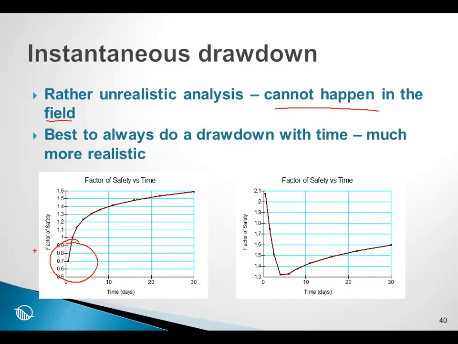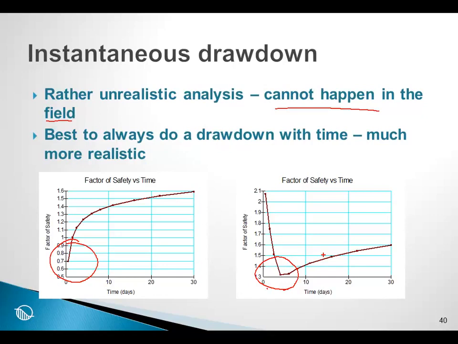However, taking the drawdown over a relatively rapid period of 5 days, the minimum factor of safety is even greater than 1.3, which would indicate likely a safe design in a safe situation. So, doing an instantaneous drawdown is an unrealistic condition under field situations.